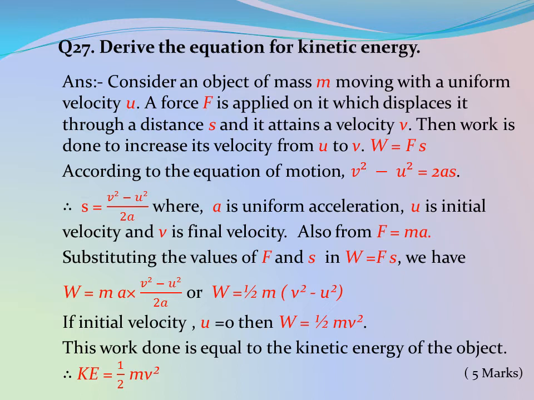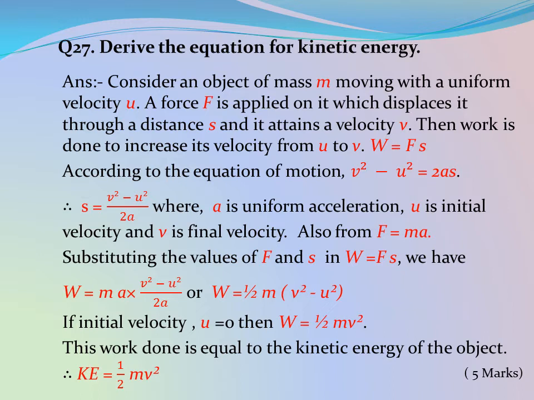W equals F into s. According to the equation of motion, v squared minus u squared equals 2as. Therefore, s equals (v squared minus u squared) by 2a, where a is uniform acceleration, u is initial velocity, and v is final velocity. Also, F equals ma.